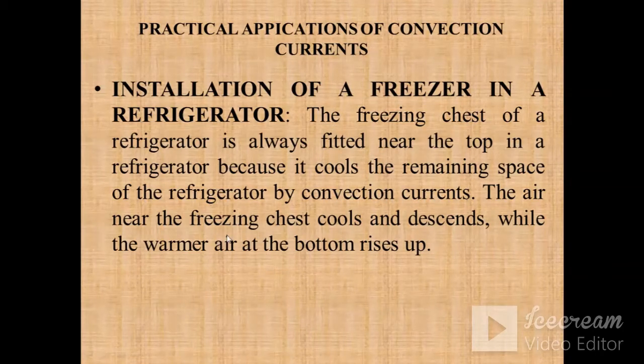So the air near the freezing chest cools and descends, while the warmer air at the bottom rises up. That is why the freezer is always installed at the top, so that the air near the top in contact with the freezer gets cooled, and due to its weight it comes down and causes the cooling of the whole refrigerator uniformly.